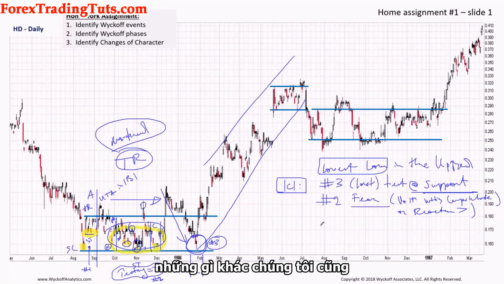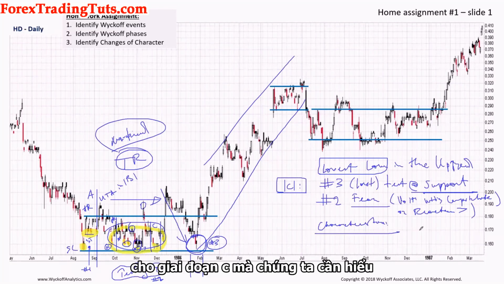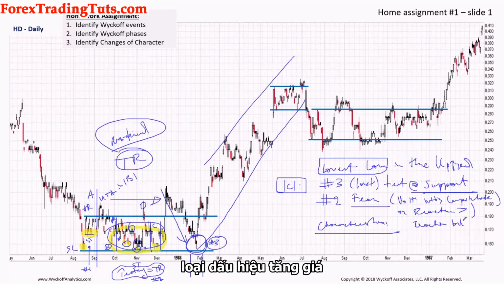What else? We also said that there are some characteristics for phase C that we need to understand. We definitely know that the reaction should have some kind of bullish signs, and Rama has mentioned those.